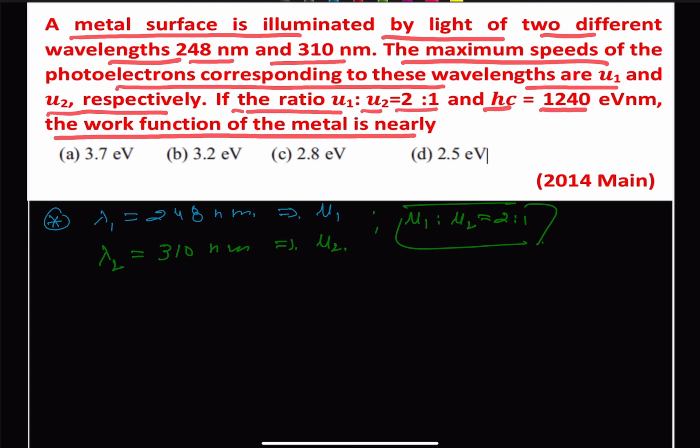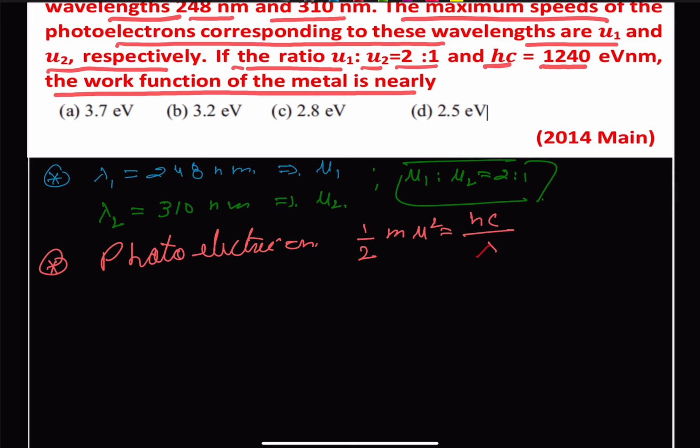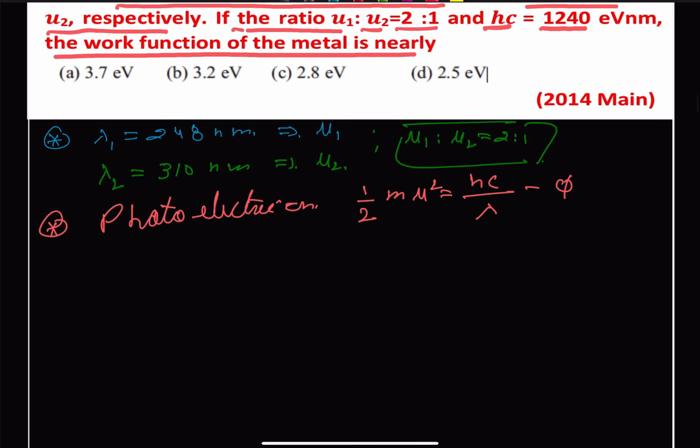Therefore, we can use the photoelectric equation, which is half m u square is equal to Hc upon lambda minus phi, that is our work function. So we can divide this equation into two parts.